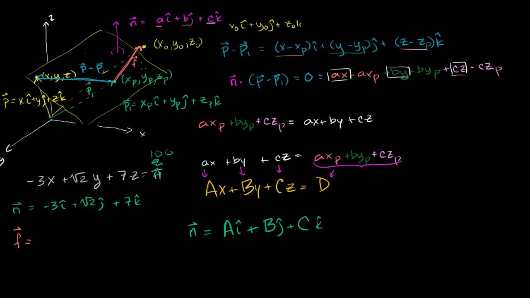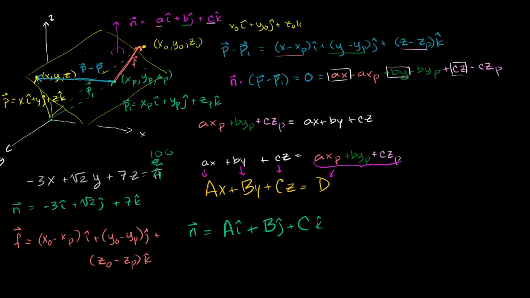This x component is going to be the difference of the x coordinates. Its y component is going to be the difference of the y coordinates. So it's going to be x naught minus x sub p i, plus y naught minus y sub p j, plus z naught minus z sub p k.